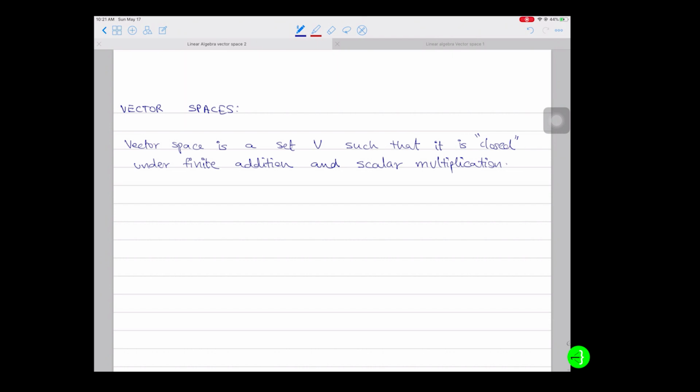So it is a set V such that it is closed under finite addition and scalar multiplication.